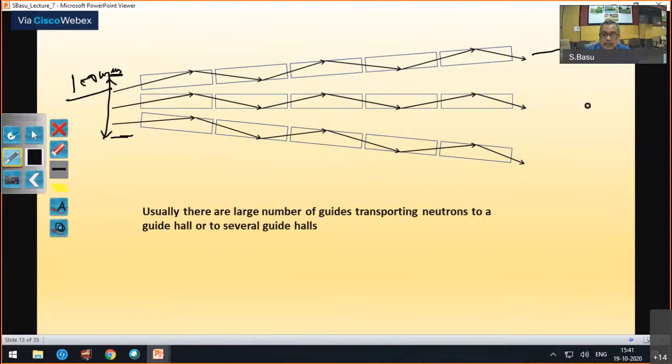By the time they reach the guide hall, the separation between them is meters, and you can easily put more and more experiments on one guide hole. I will show you just now.